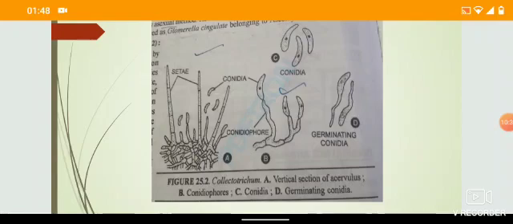You can see here in the diagram the setae which are 1 to 4 celled, and conidiophores are one celled, and on the conidiophores there are present conidia. Now these setae are swollen at the base, and the tips are tapering or rounded.